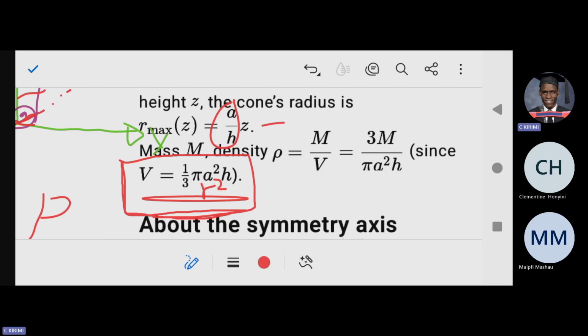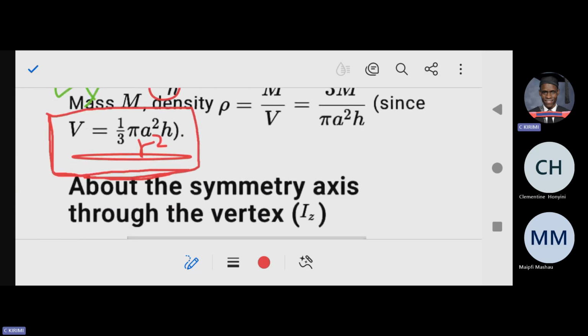Then we want to calculate density using this volume. We know density is mass over volume. Let me show you how that formula was derived so that you don't memorize these things.